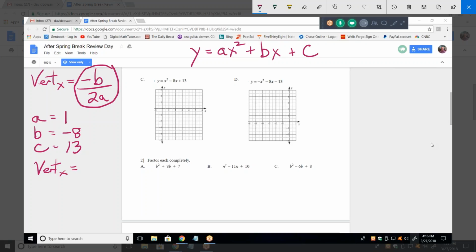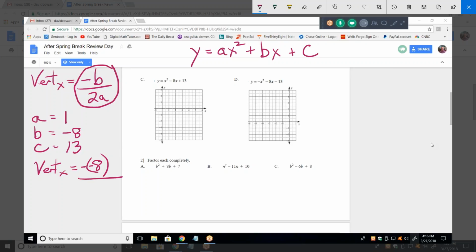Minus a minus is a plus. So minus B is 8. I can write it like this if you understand it better. I haven't dropped that negative sign; never drop negative signs. In place of B, I wrote negative 8. And now we have negative, negative 8, which is a positive 8.